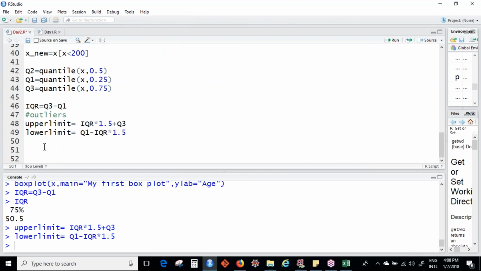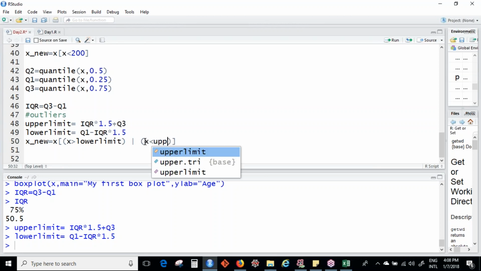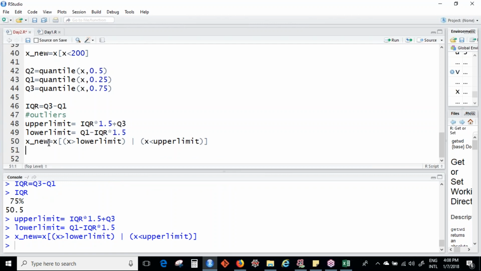Now I can give a condition, let's say x_new is equal to x, and I can use the ampersand, or, and I can give the conditions where x is greater than lower limit or x is less than upper limit. So I'm deleting all the outliers basically. I'm keeping only the non-outliers. This will be your x new.